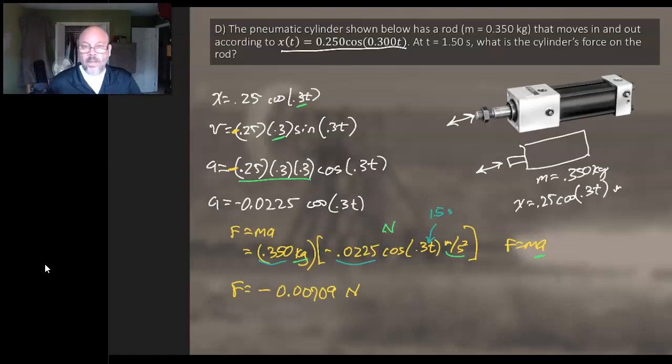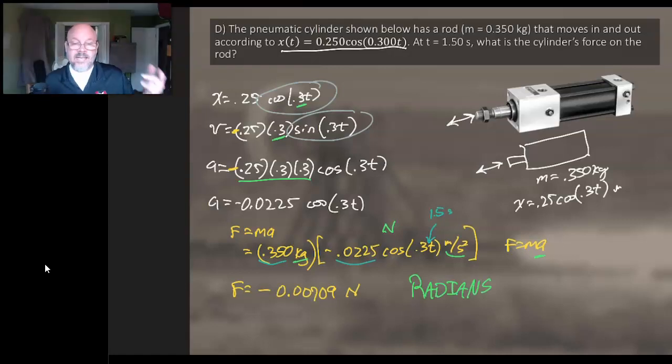Now, one of the things you need to watch out for is that whenever we're using cosine or sine in this way, the argument inside, when we plug in our units, needs to be in radians. You need to do that calculation, and if you don't get the same number I got, then you didn't do it in radians.